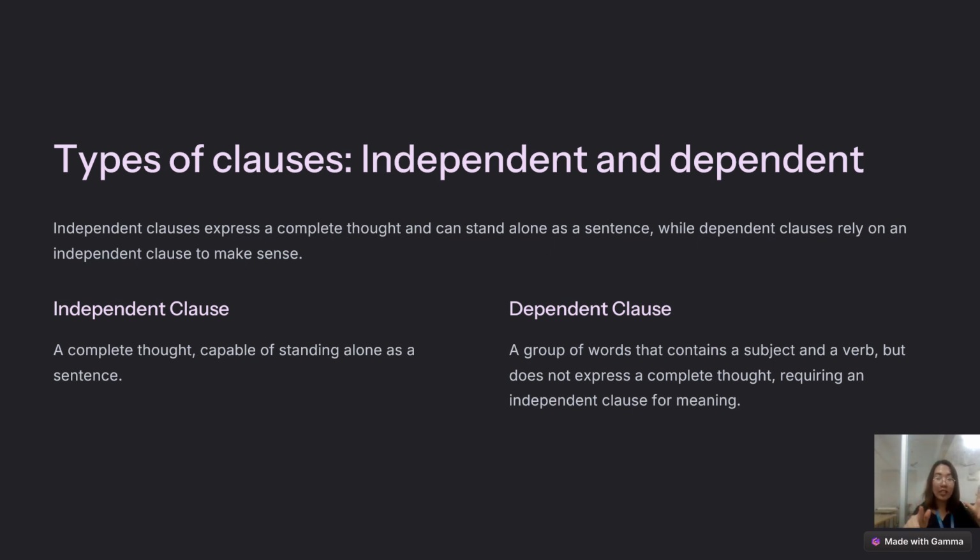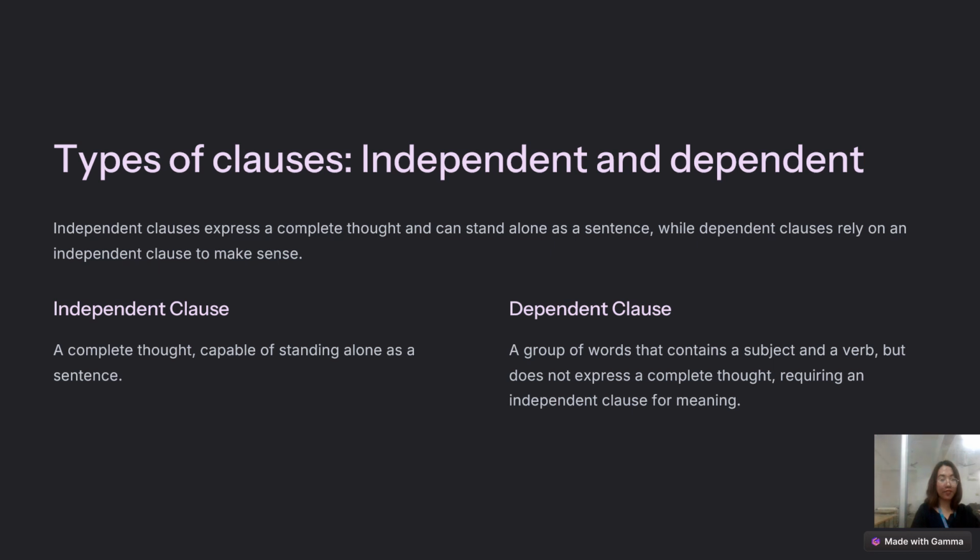Meanwhile, when it comes to a dependent clause, the words are incomplete and require an independent clause to complete a sentence, to make sense. Alright?